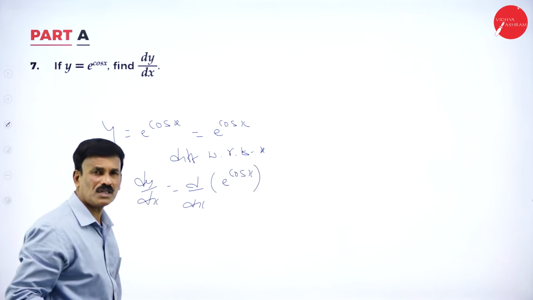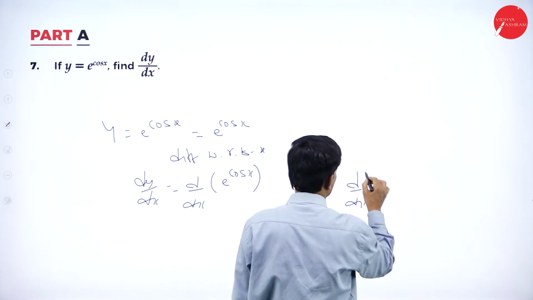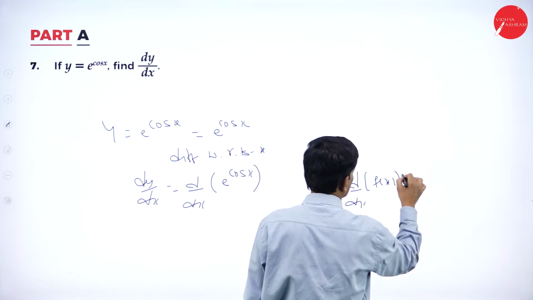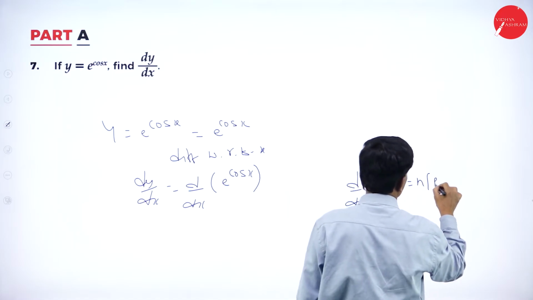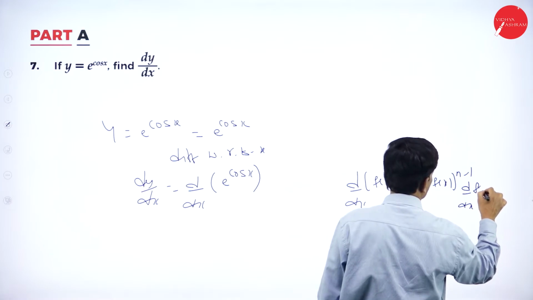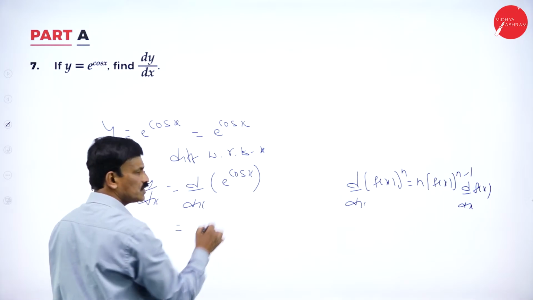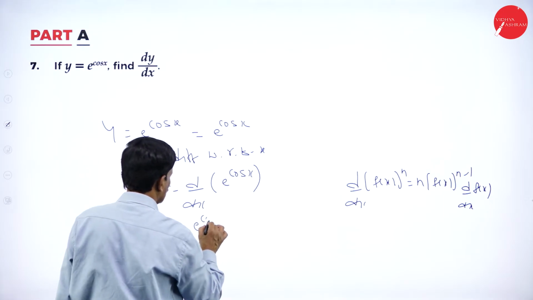So function of a function, so chain rule here. You know this: d by dx of f of x to the power of n is n into f of x to the power of n minus 1 into d by dx of f of x. Now just ordinary differentiate it. Differentiation of e to the power of x is e to the power of x.